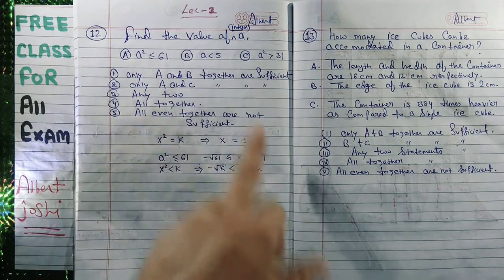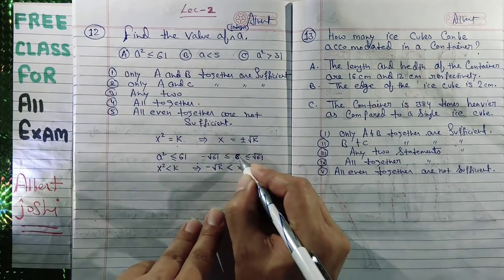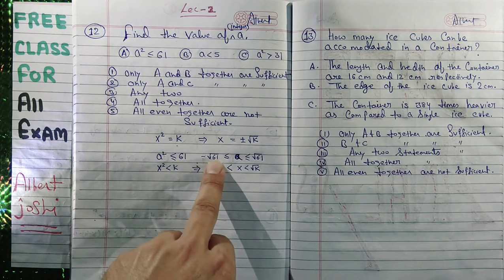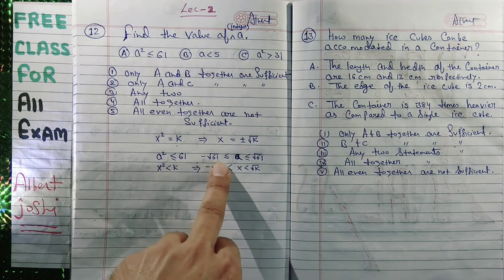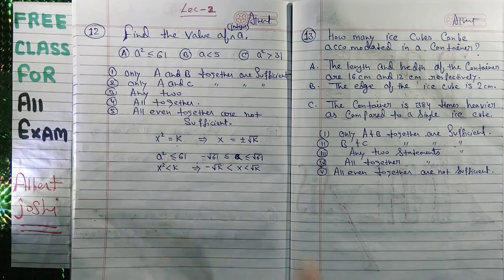He has given us this x, meaning a. Here this is a, and a is an integer. So at first we have to find the approximate value of this. We cannot write the decimal value, and we don't know the square root of 61.